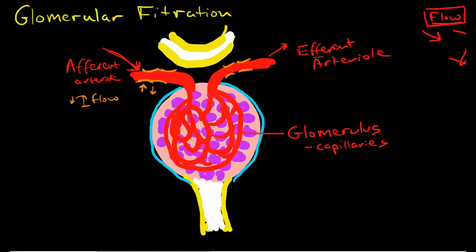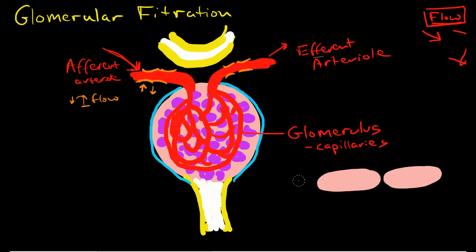Now, the glomerulus is interesting because it has specially adapted endothelial cells, and these endothelial cells are fenestrated. There are fenestrated endothelial cells in other parts of the body. Fenestrated is a word that comes from the Latin word fenestra, which means window.